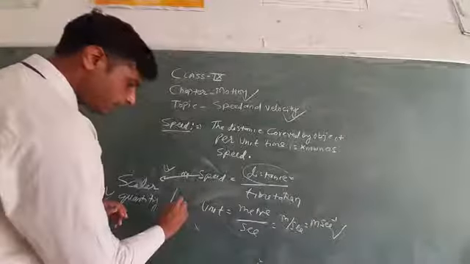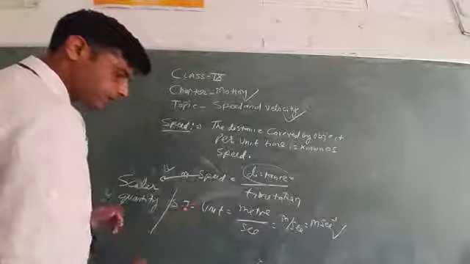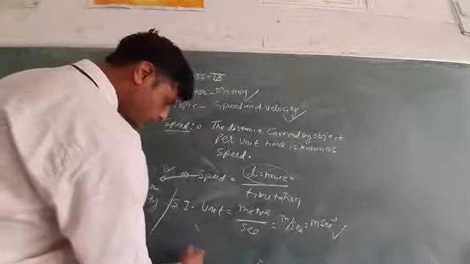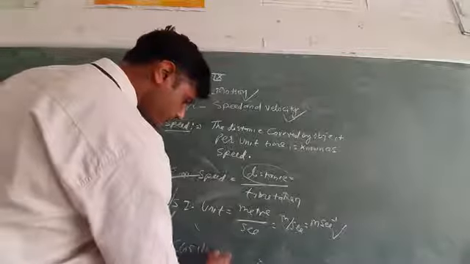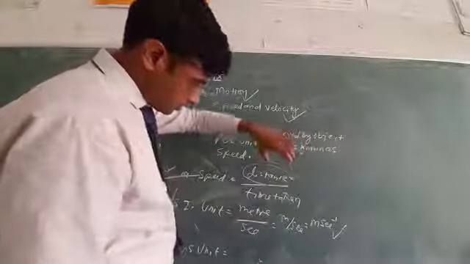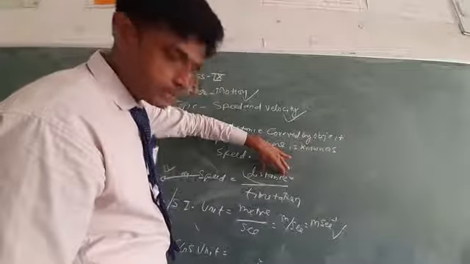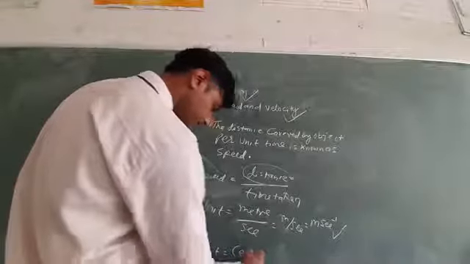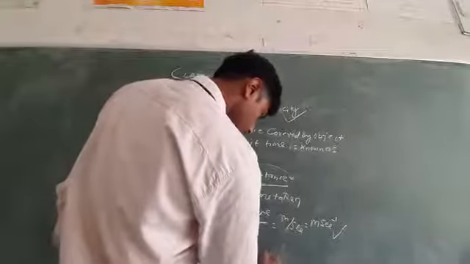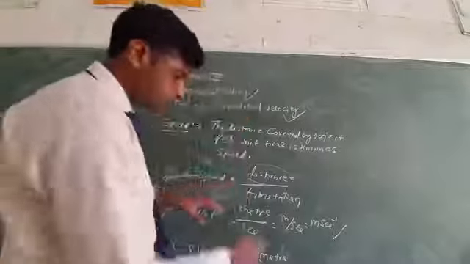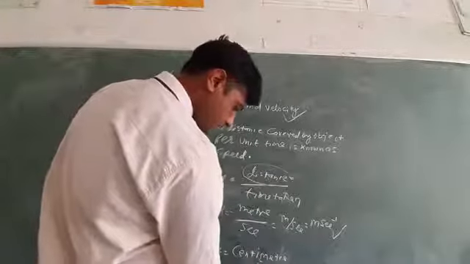This is the SI unit. If you want to find the CGS unit, the CGS unit of distance is centimeter and the time is second.